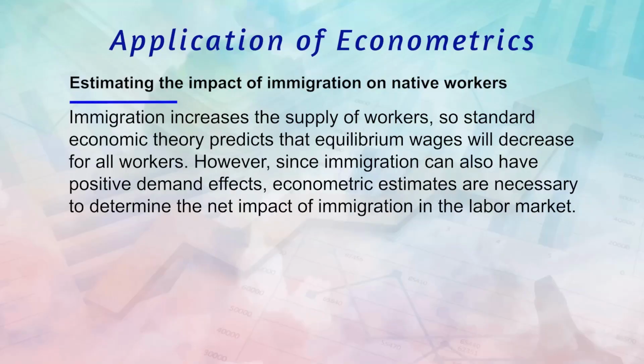by the theory. But since immigration also has positive demand effects, econometric estimates are used to determine the net effect of immigration in the labor market. So net means taking care of the positive and the negative effects. Whenever we take care of immigration, we can set up an econometric model and highlight what factors are leading to the immigration, and we can carry out its impact on the wage level, whether the wage level is on the rise or on the fall.